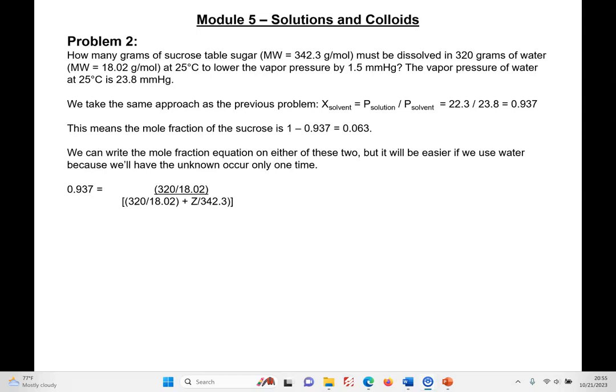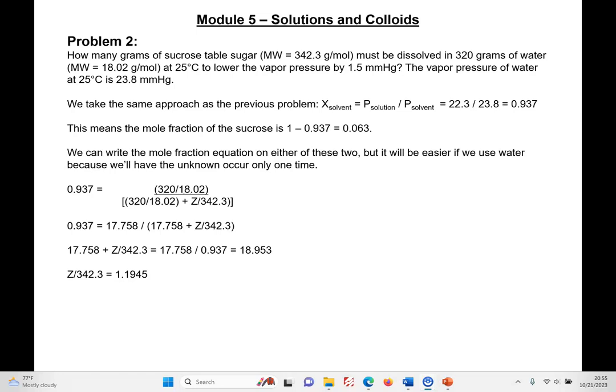We have the first item, 320 divided by 18.02, that's water, plus Z, the number of grams of sucrose, divided by its molar mass. We rearrange this equation. We do a little arithmetic. Well, okay, some algebra. And we get Z divided by 342.3 is 1.1945.